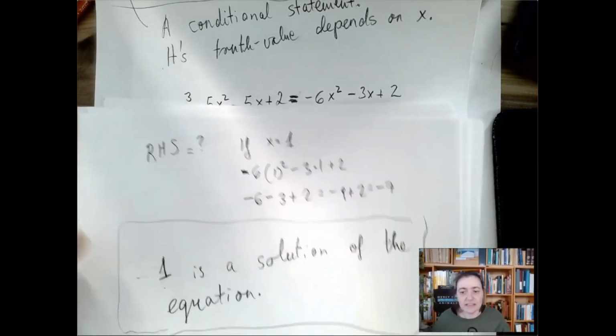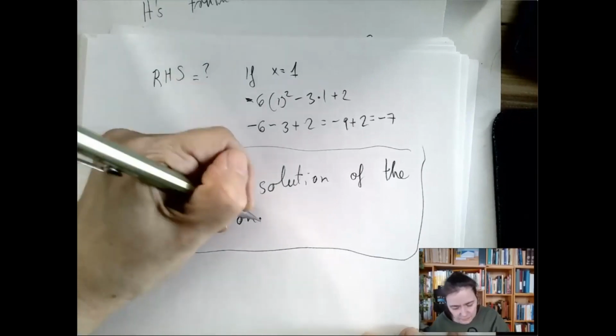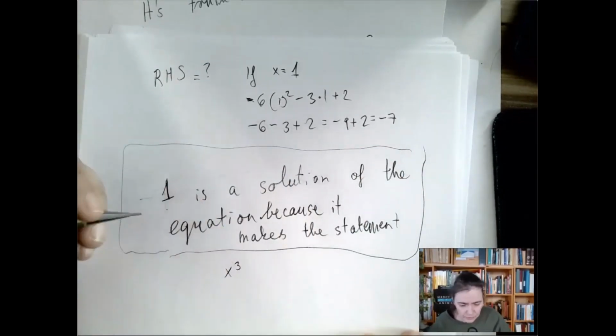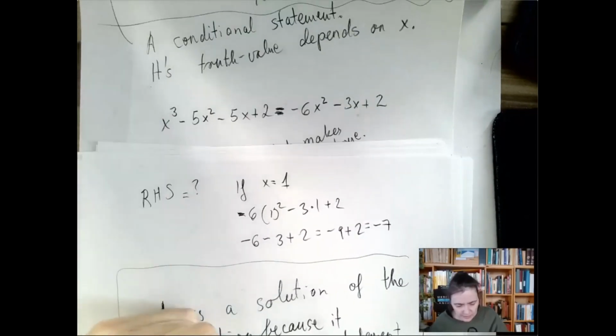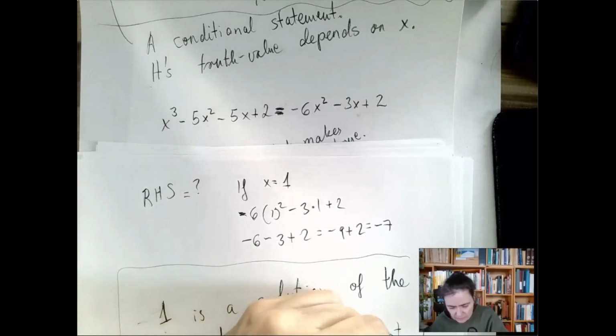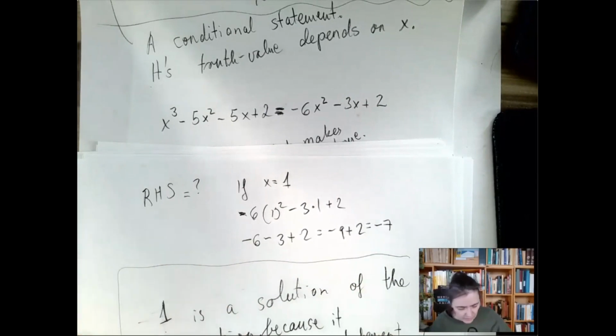That statement is -7 equals -7. What is the equation? X cubed minus 5x squared minus 5x plus 2 equals minus 6x squared minus 3x plus 2. That statement becomes -7 equals -7, and that's true.